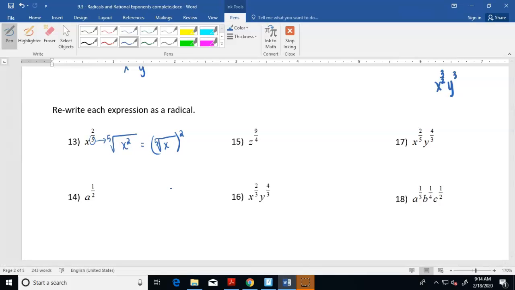Cole, what would we get for number 14? Okay. Uh-huh. Like out here? Nope. Because this is your root, right? The bottom of the fraction is the root, so we put that right out here.